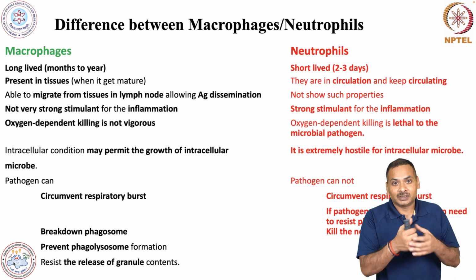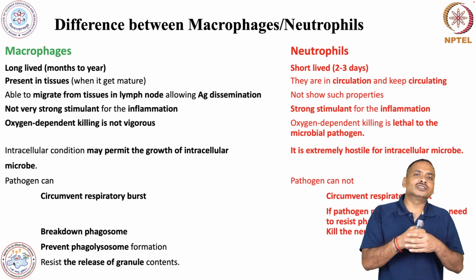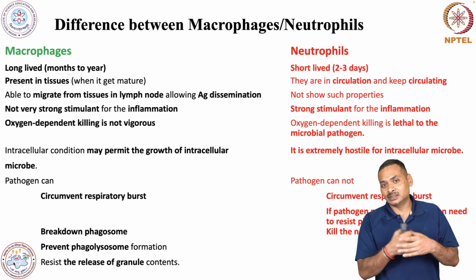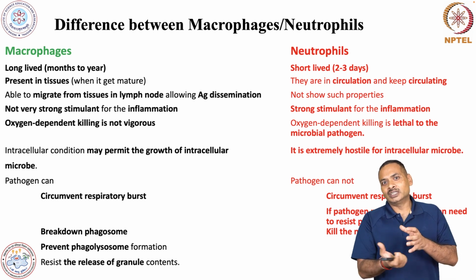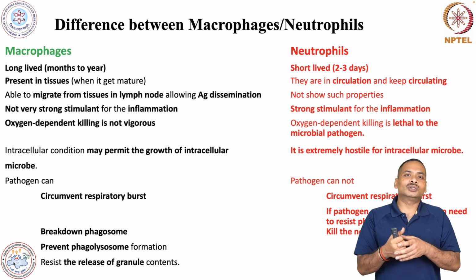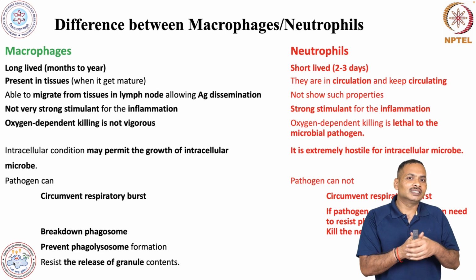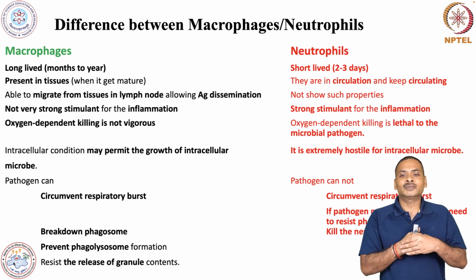They can also resist the release of granule contents, because you know that lysosomes are loaded with a variety of enzymes. So all these microbes residing inside the macrophages can resist the release of content.